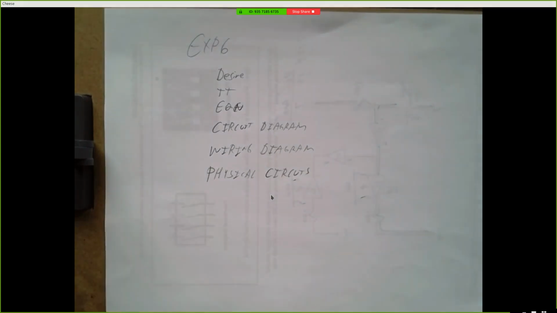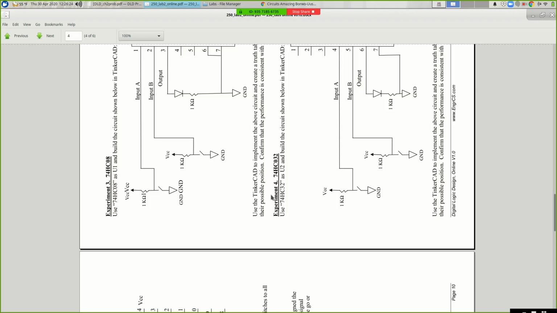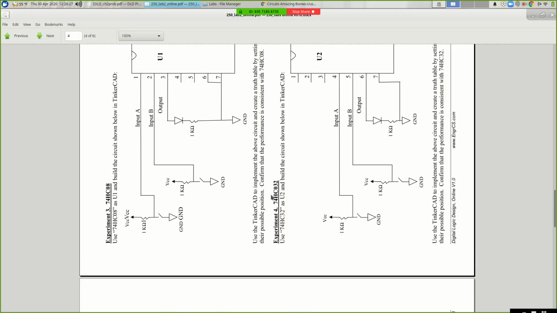Or a simulation of a physical circuit in TinkerCAD. So these things that you're seeing here, I gotta figure out how to unrotate it.